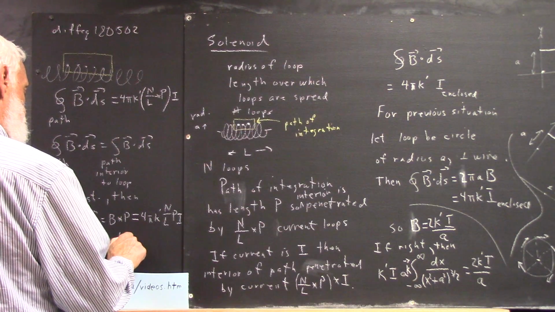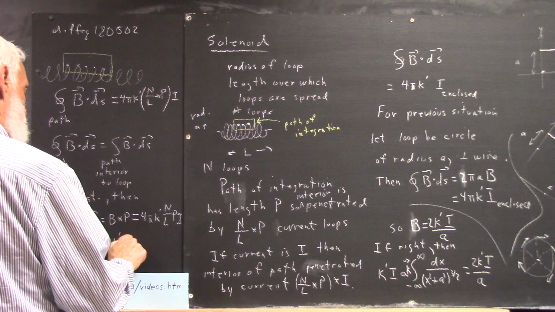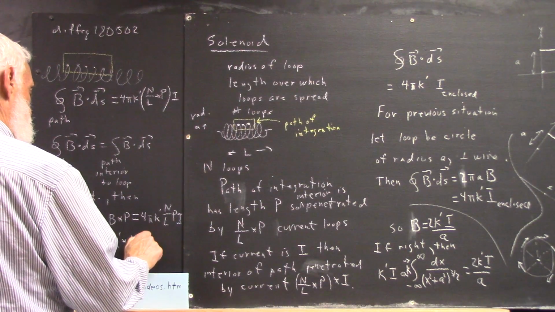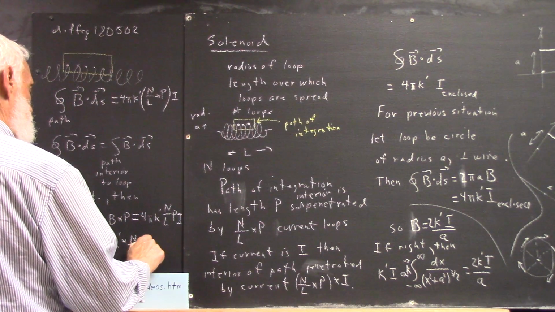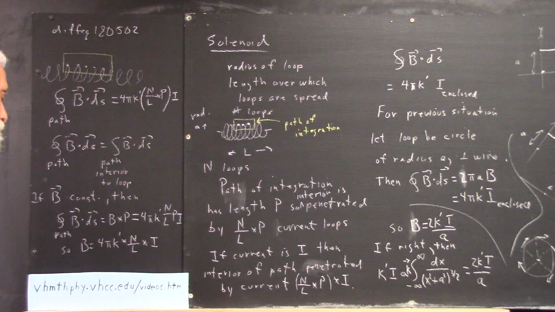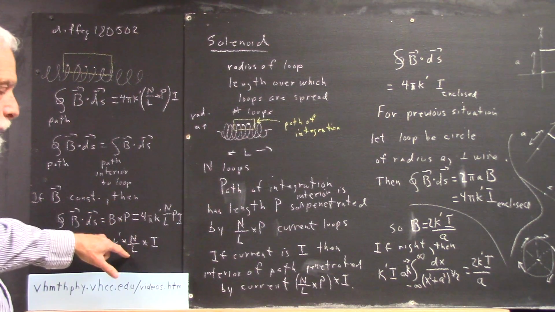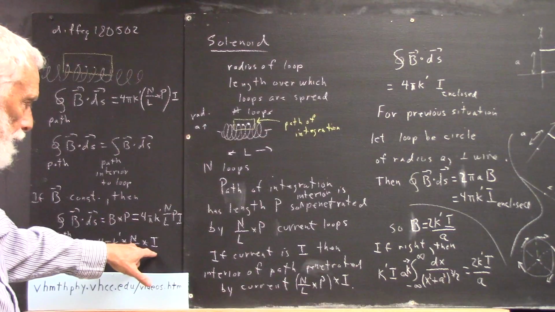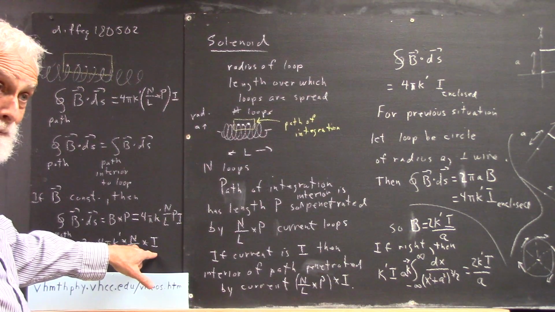So it's 4 pi k prime times your number of loops per unit length multiplied by the current.